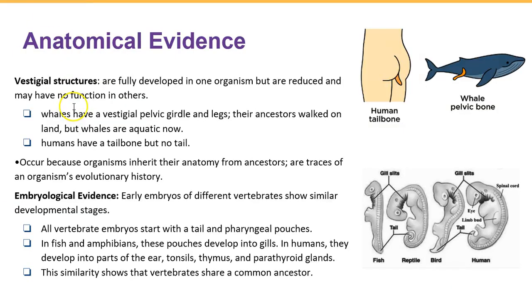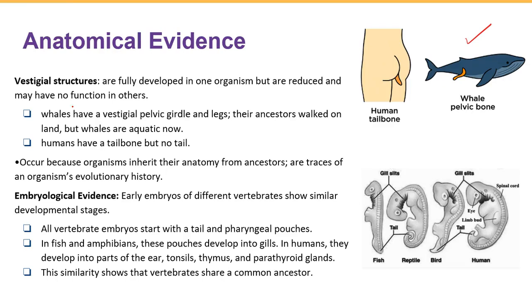And then we have vestigial structures. These are body parts that used to have a purpose in ancestors, but are reduced or useless now. For example, whales have tiny leg bones, which are remnants from when their ancestors walked on land.